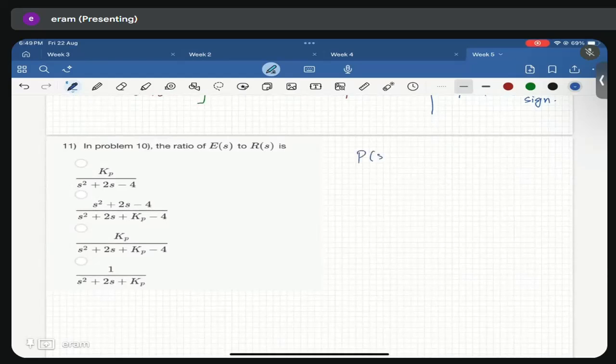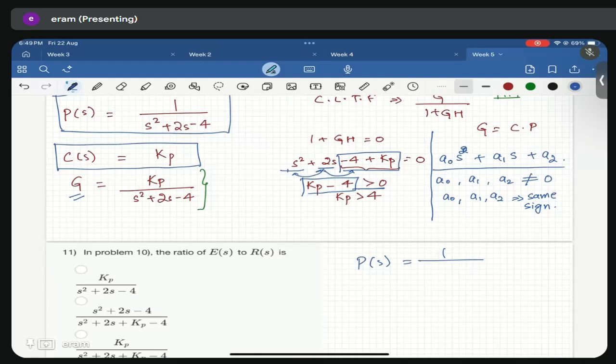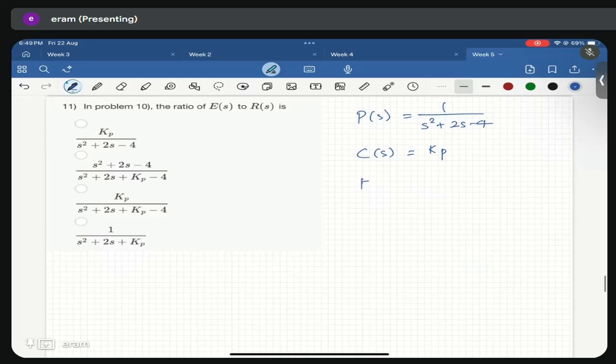P(s) was 1 by s square plus 2s minus 4, and C(s) was Kp. And feedback was 1. We have a negative feedback with unity h. Then find out the ratio of E to R.